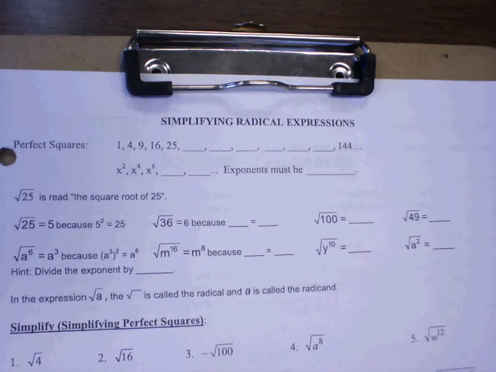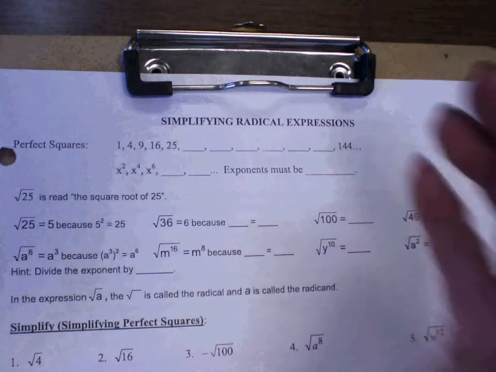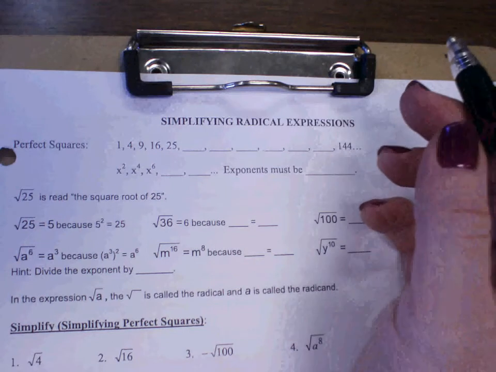All right, so there are certain numbers that are perfect squares, and those are basically the numbers that you multiply by itself twice, and they will give you whatever number it is, right?